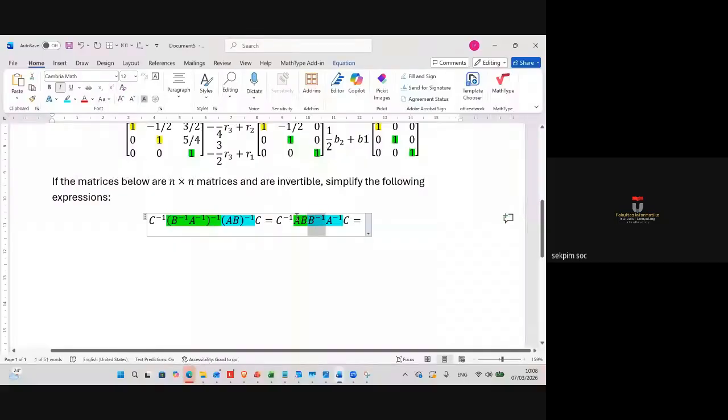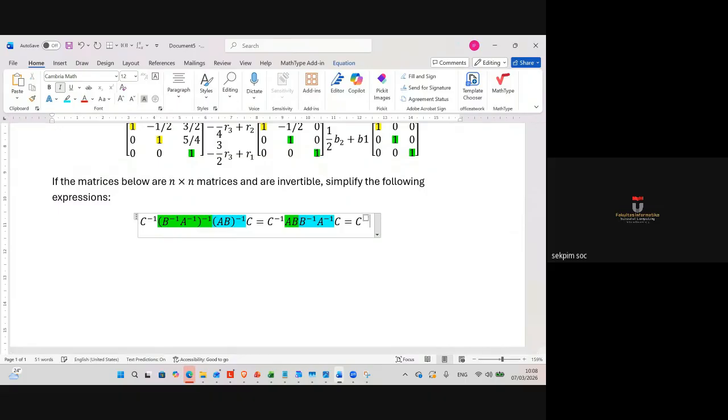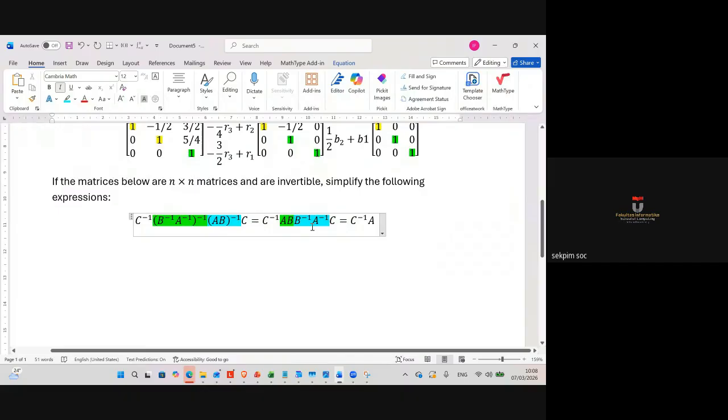This is just identity, right? So we will have C inverse A, B inverse is just identity, and we have A inverse C.